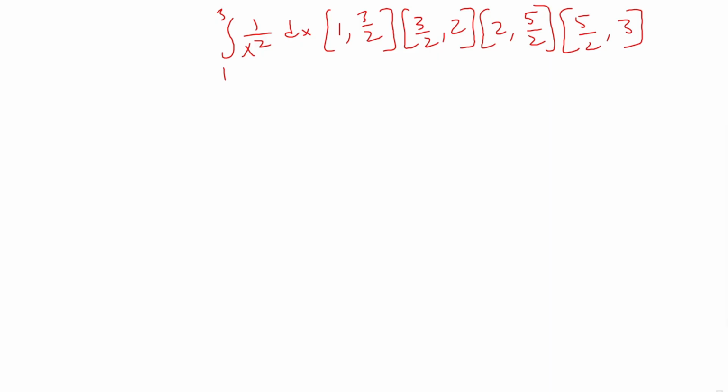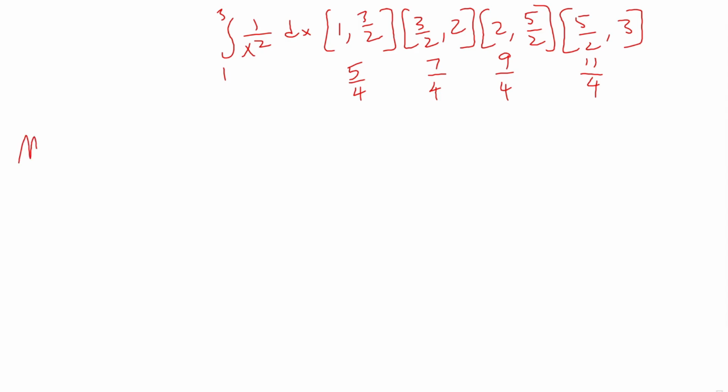So our midpoints of each of those, right, midway between 1 and 3/2 is going to be 1 and 1/4, right? That's going to be 5/4. This next one here is going to be 7/4, 9/4, and 11/4. So those are what we need to plug in to our 1 over x squared.